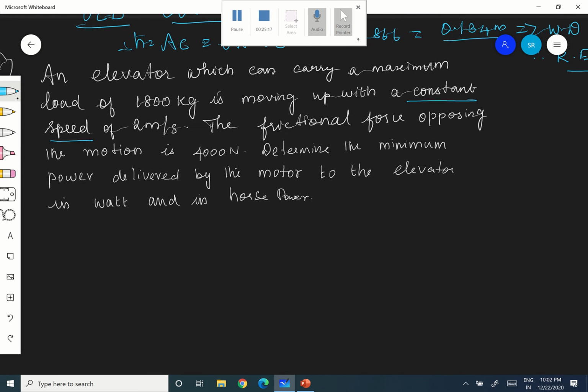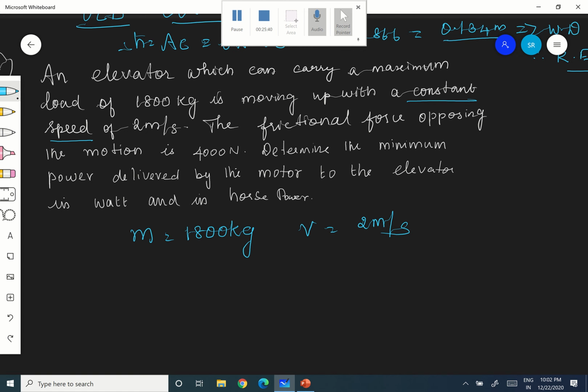You are asked to find out the power. What are all the things given? Mass is given: m is equal to 1800 kilogram. And it is moving with a constant speed. What is the speed? v is equal to 2 meter per second.